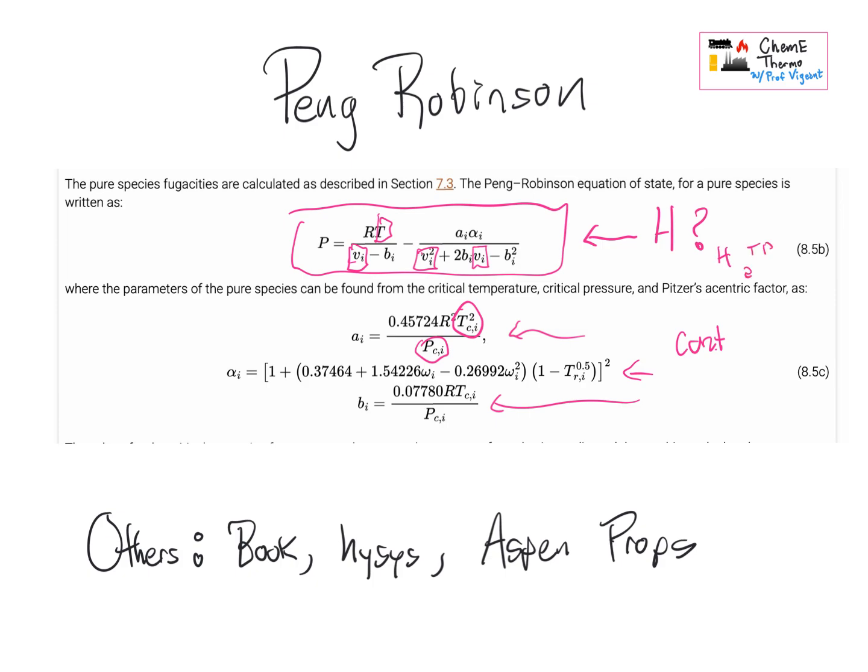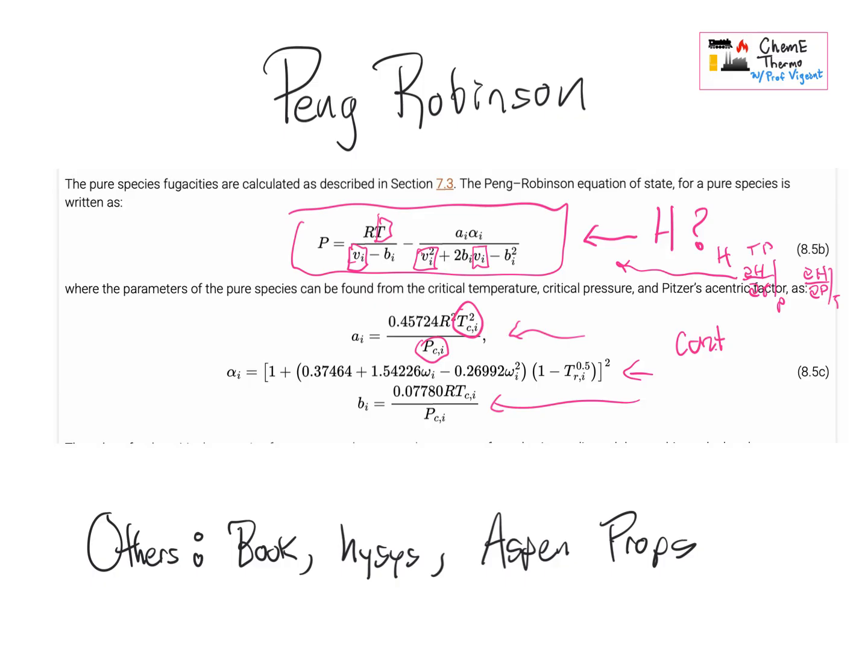So you do dH/dT at constant P, and then you write that out, and dH/dP at constant T, and you manipulate things around till you can derive a relation that is based on temperature, pressure, and volume that then tells you about enthalpy.